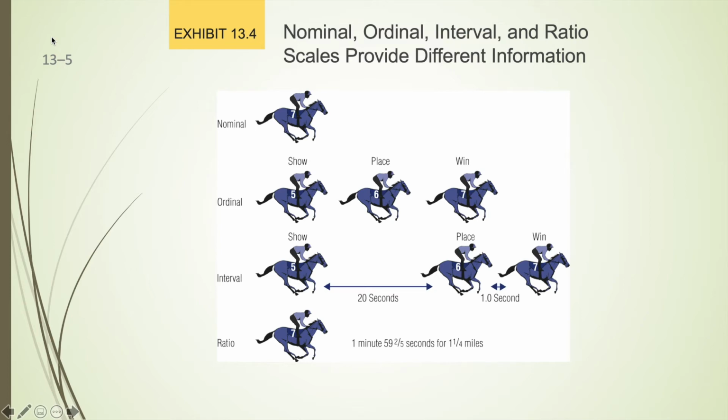And then number 5 was 20 seconds behind number 6. So you see the different intervals that take place. And then you have ratio, which you see here number 7 was 1 minute and 59 2/5 seconds for a 1 1/4 mile run. So that's the ratio that took place for that time for that number of miles.